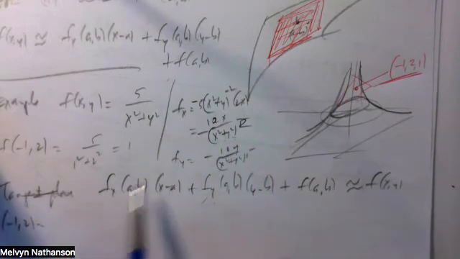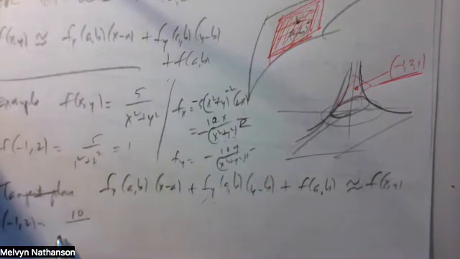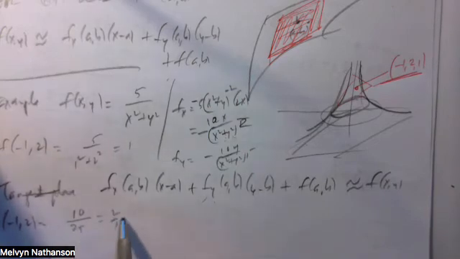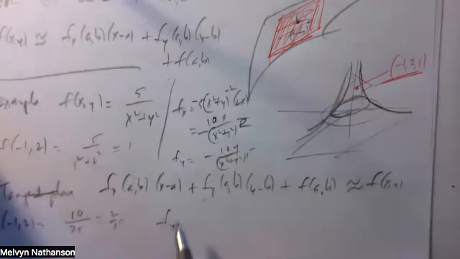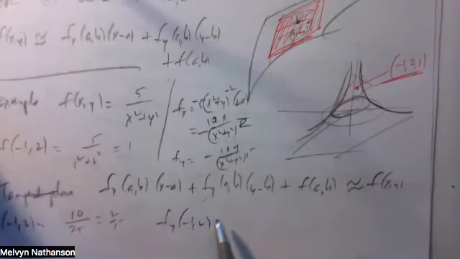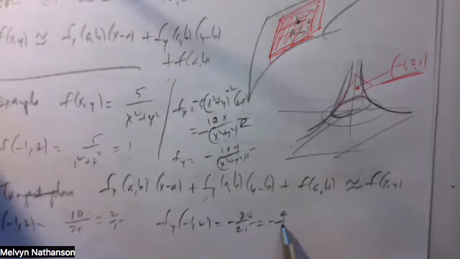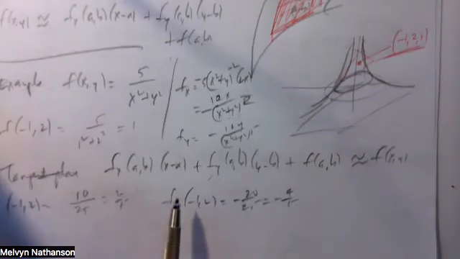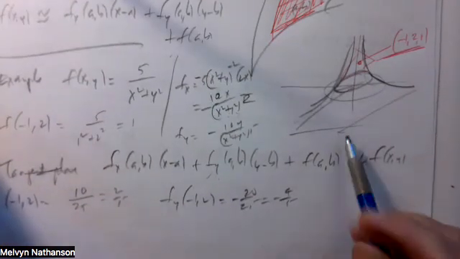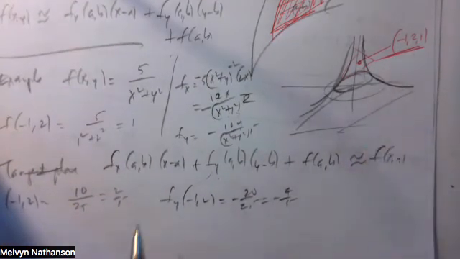So I get 10 over 25, or 2/5. The partial of f with respect to y at minus 1, 2 is minus 20 over 25, which is minus 4/5. And f at minus 1, 2, we saw was 1.